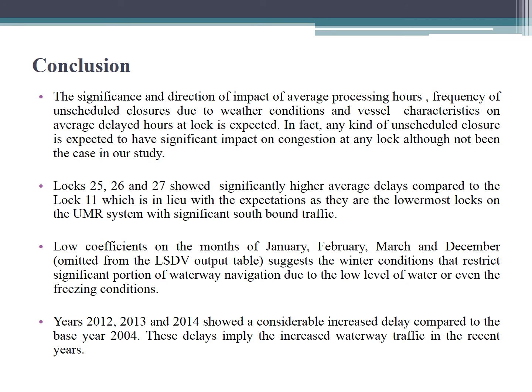In fact, we expect all of the unscheduled closures, whether due to weather, vessel, mechanical, or any other kind, to have significant impact on congestion, but that doesn't happen in our study. The coefficients on logs 25, 26 and 27 showed significantly higher average delays compared to log 11, which is consistent with our expectations, as they happen to be the lowermost logs on the upper Mississippi River with significant southbound traffic all year.